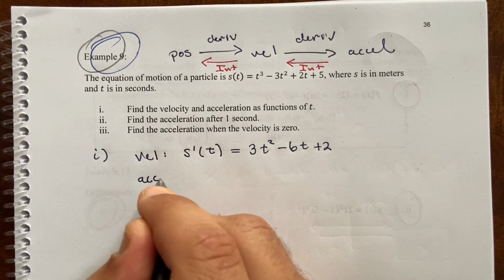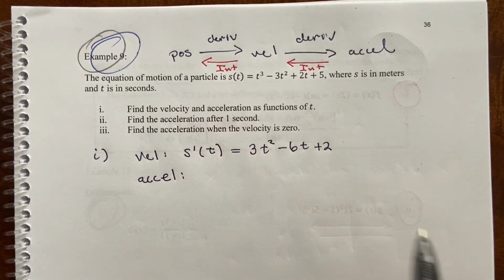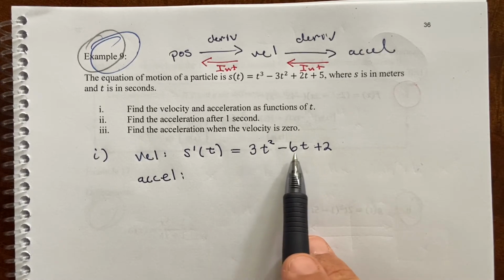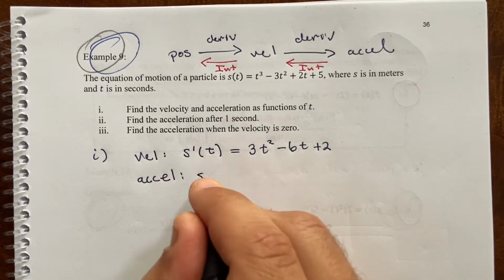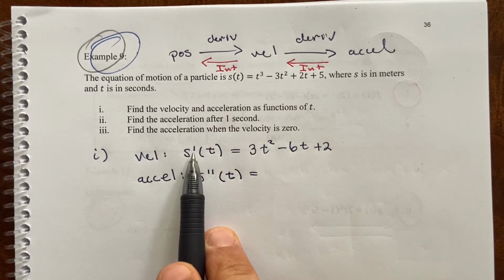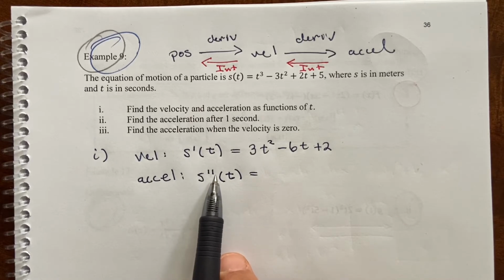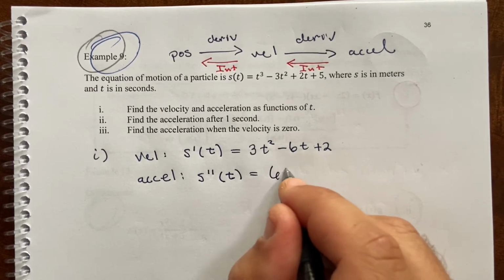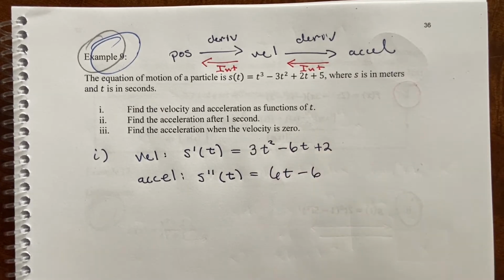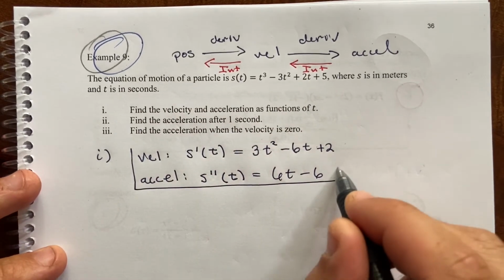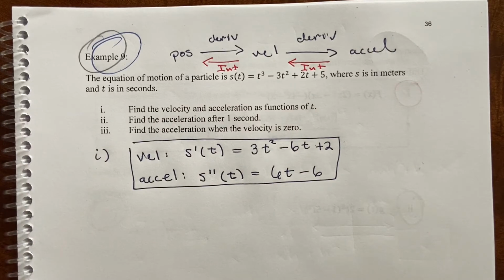The acceleration would simply be the derivative of the derivative. So we sometimes call that s double prime. If I am taking the derivative of a derivative, we can just tag another one of these primes on there. So again, the power rule, multiply down, I get 6t minus 6, it looks like. That's part 1.